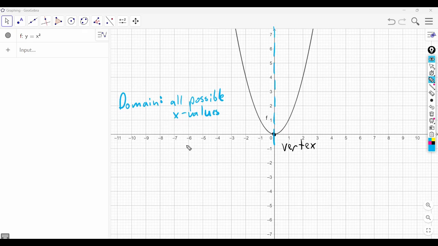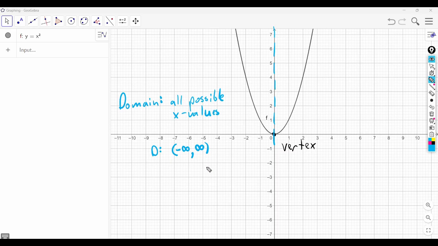How do you write a domain? So for this example, we would say the domain is going from minus infinity all the way up to plus infinity. Okay. And you use round brackets, which are different than square brackets.